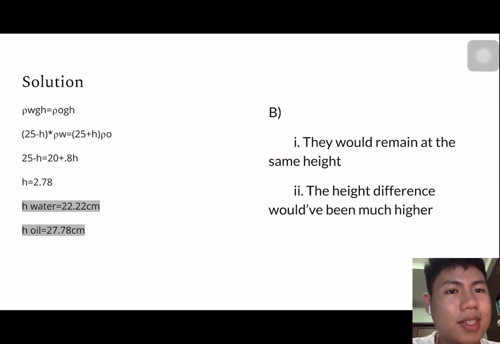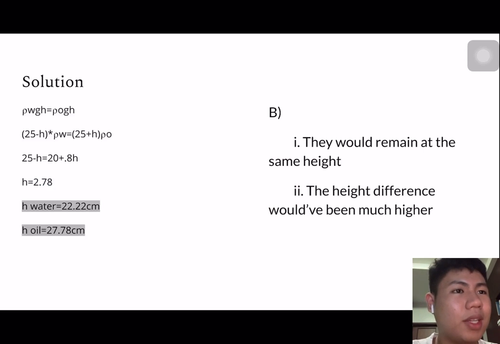And the gravities cancel out, so you get the equation 25 minus h equals 20 plus 0.8h. So we can find our height difference to be 2.78, and we add and subtract respectively. So we get 22.22 centimeters and 27.78 centimeters for water and oil respectively.